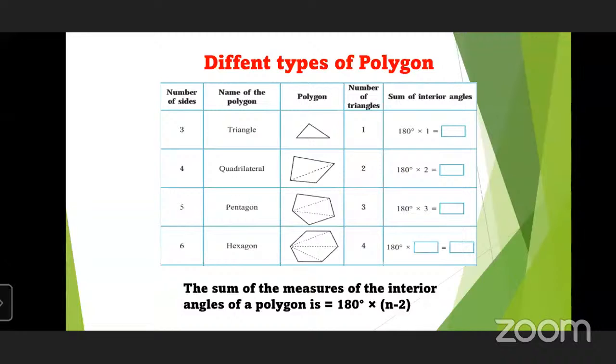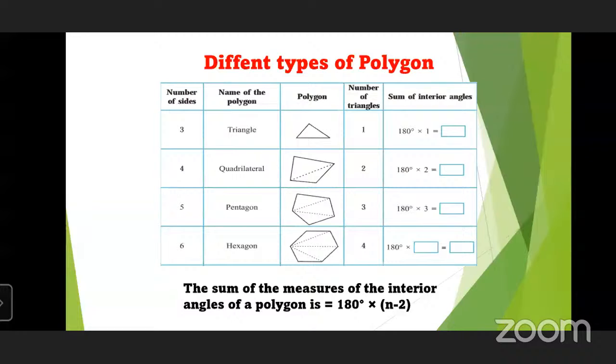Number of sides is 3, name of polygon is triangle, number of triangles is 1, and sum of interior angles is 180 degrees. If the number of triangles increases, the sum of interior angles will be multiplied by the number of triangles. Now how will it be done?